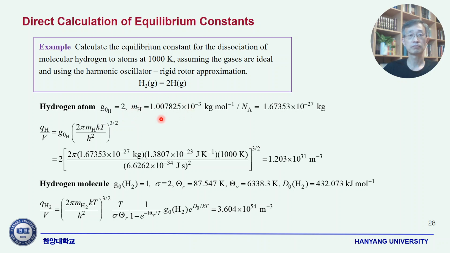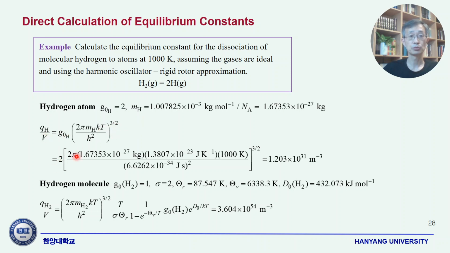And it's a kind of a mass, and then mass per atomic mass. Then we can calculate QH over V as just an electronic partition function, and then the translational partition function over V. The V is gone.